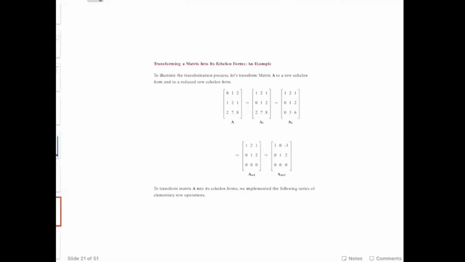Let's now try to see if we can use those steps here to reduce this matrix A into a row echelon form. So we have A: 0, 1, 2, 1, 2, 1, 2, 7, 8.